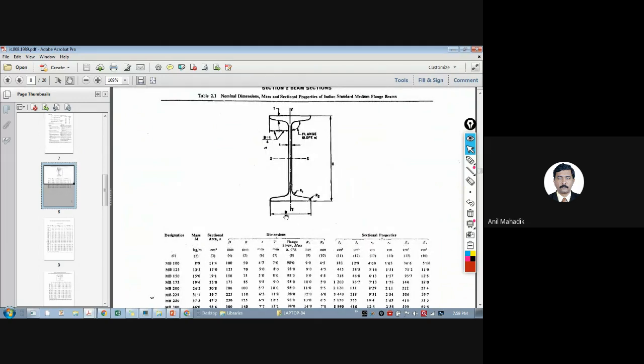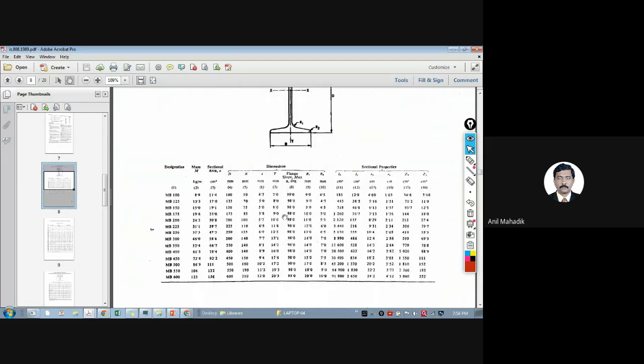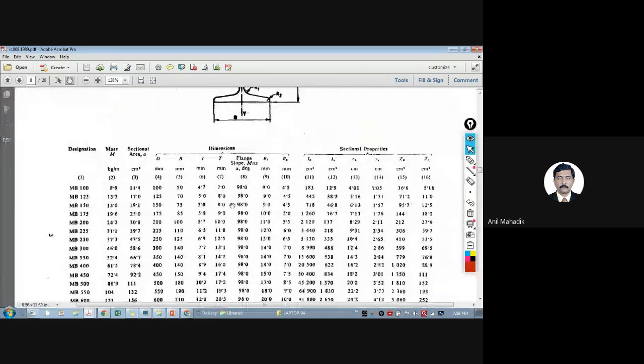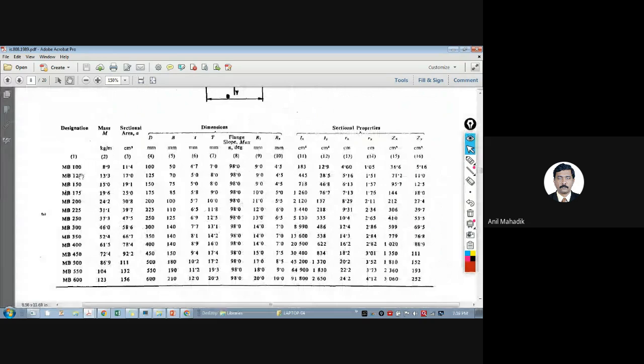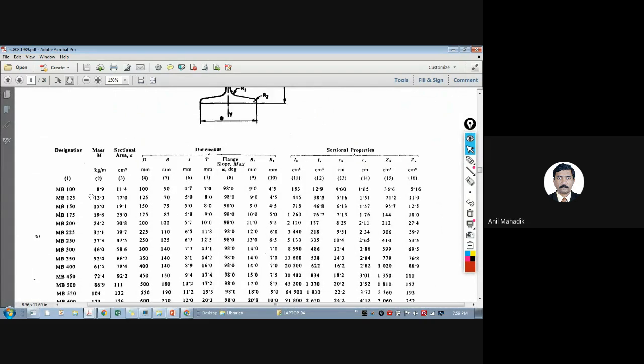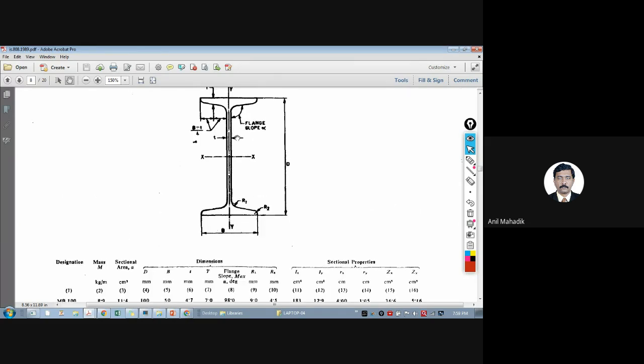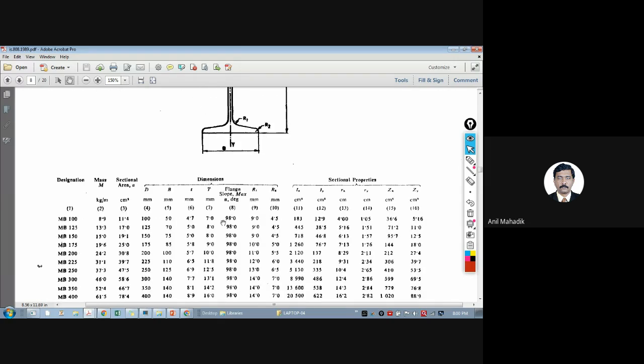This is the depth, this is the width. Let's say MB 100. MB means ISMB. You see the depth D is given here, the width of the section is given as B. Capital T is the thickness of the flange, small t is the thickness of the web. We call this the web and this the flange.